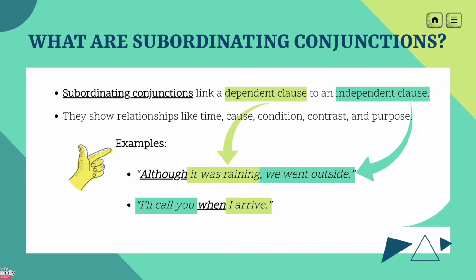Let's break down those two parts. The dependent clause, the one in light green, gives extra information, but it cannot stand alone, and that means it's a fragment. The independent clause is the main idea, and it can be a complete sentence by itself.